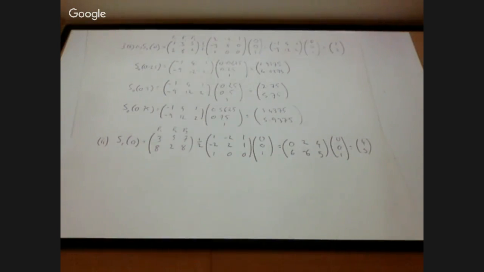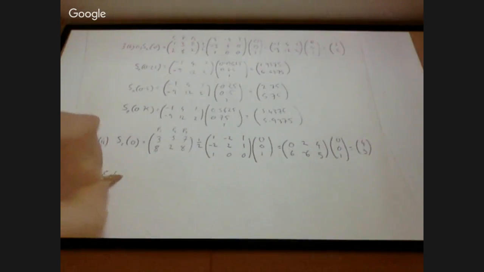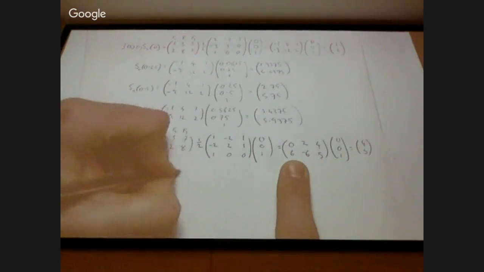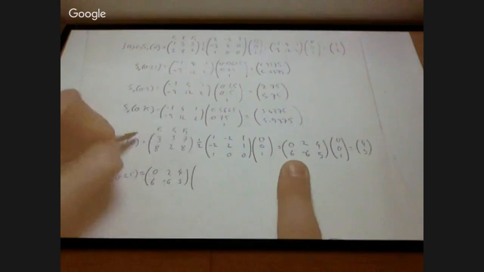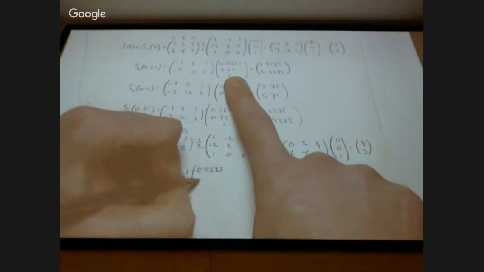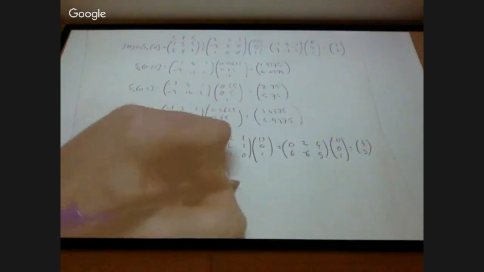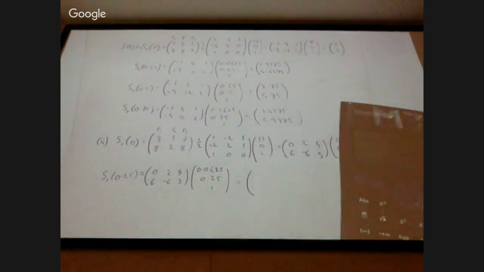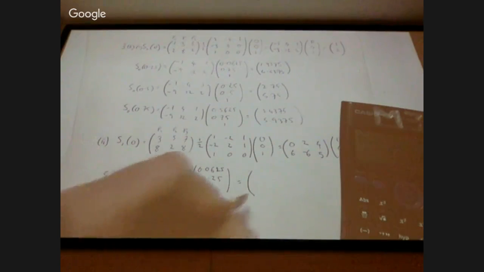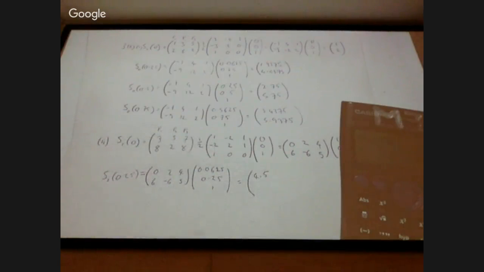And we do the same for t is equal to 0.25. We've already done the hard work with multiplying these two together, and that's what we're going to multiply by. So 0 times that, just ignore that. 2 times 0.25 plus 4, that's 4.5. Then 6 times 0.0625 minus 6 times 0.25 plus 5.